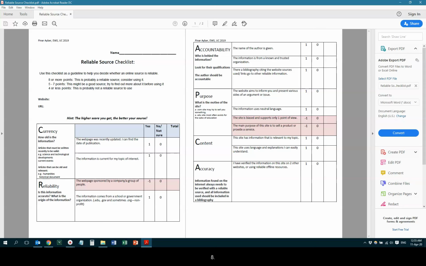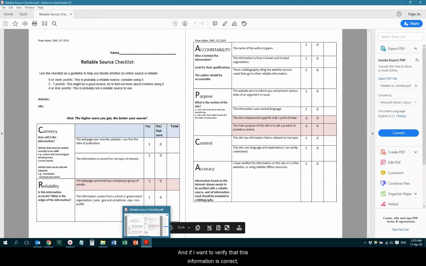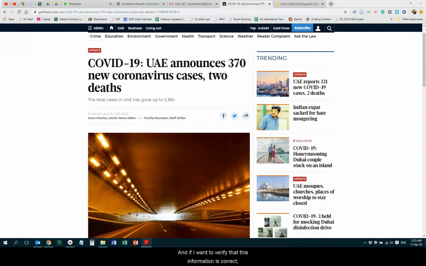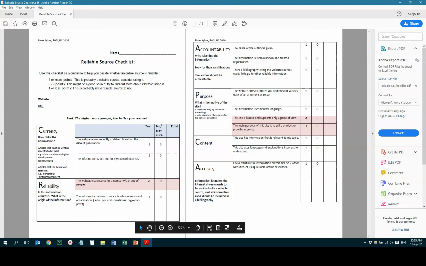So that's 8. And the site uses language and explanation that I can easily understand, so that's 9. And if I want to verify that this information is correct, I can go and find this information on at least 1 or 2 more sources. So all in all, that source would be reliable.